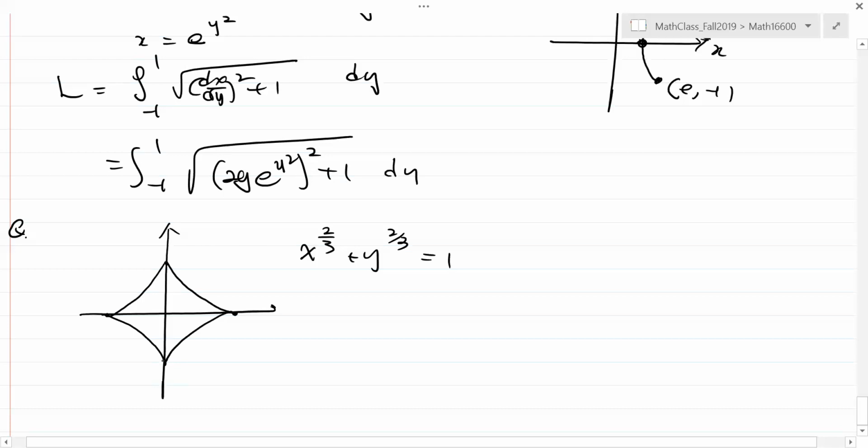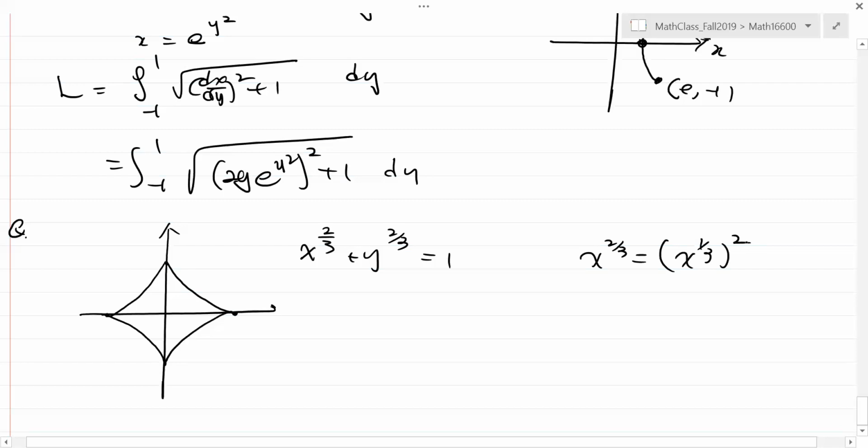You can solve for y. Both x and y can be negative, because y, you see, this is by definition x to the 1/3 squared, and x to the 1/3 is defined for any x. It could be negative, could be positive. It's different from x to the 3/2.